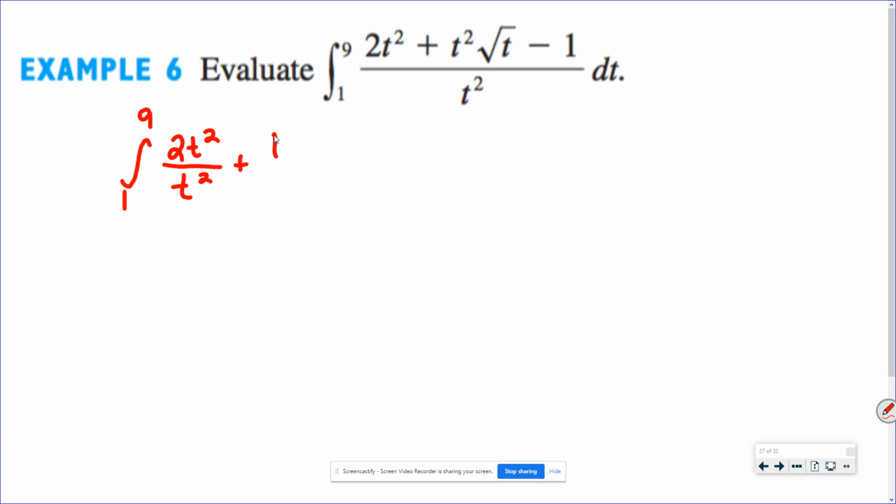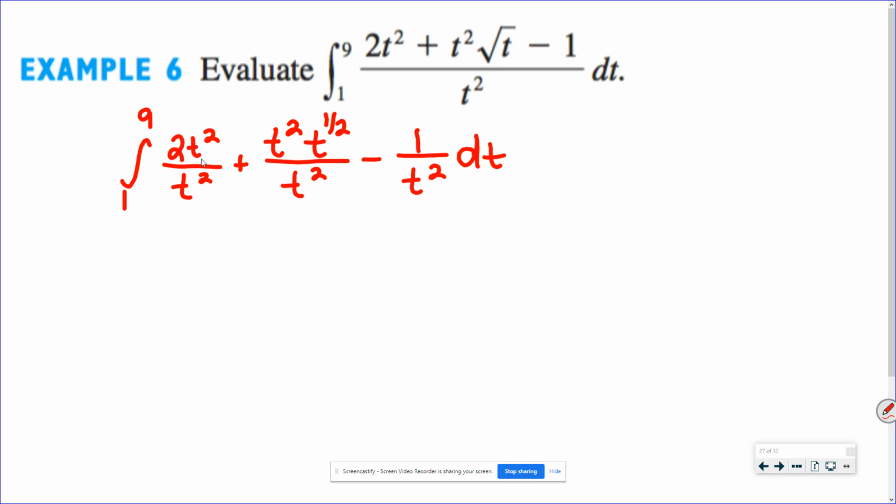Now, in this particular problem, the easiest solution, I think, is you can break this into separate fractions because you only have a single denominator, okay? You are allowed to do this. Once you break it into separate fractions, you're then going to simplify each fraction.